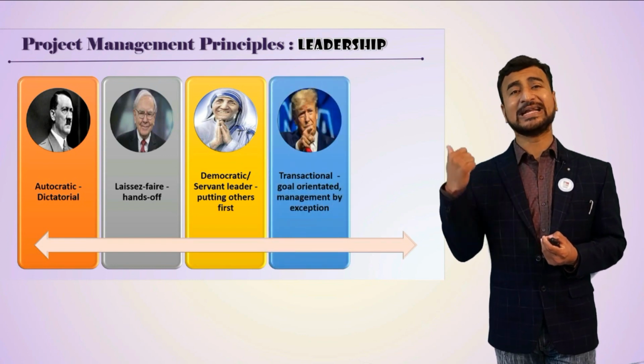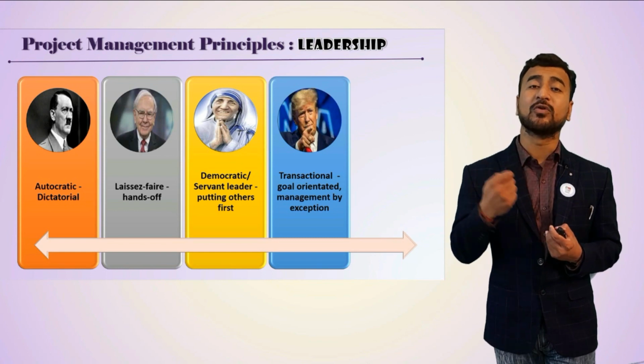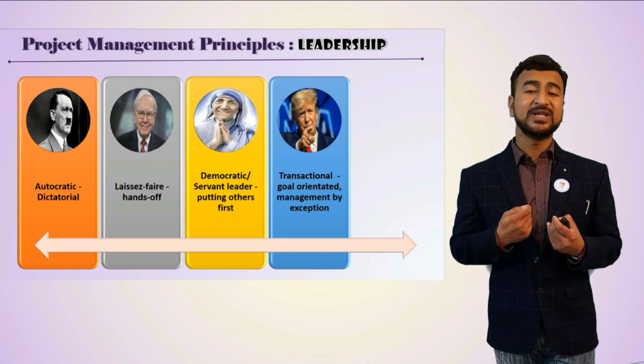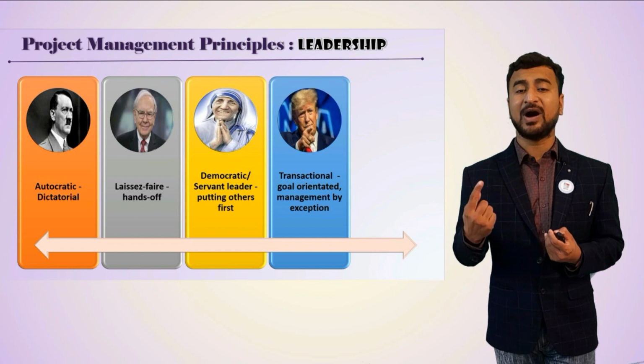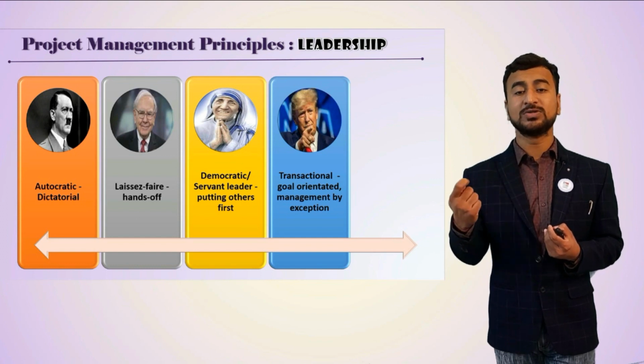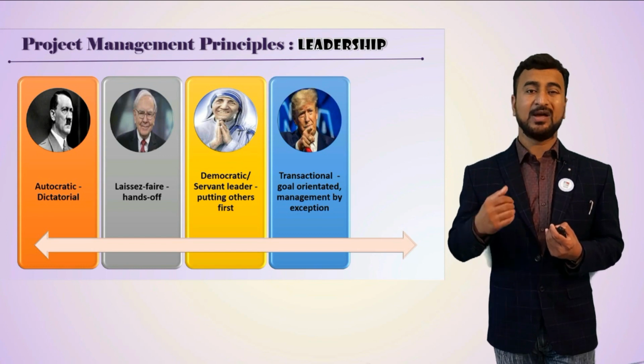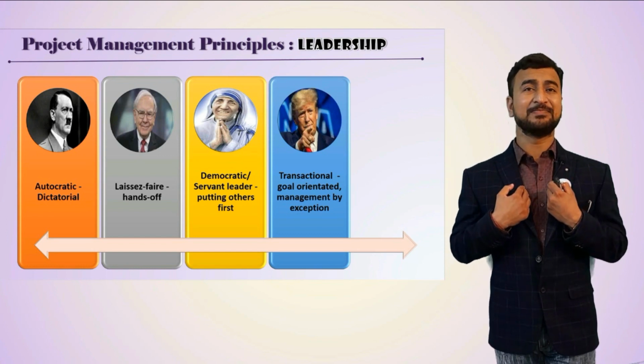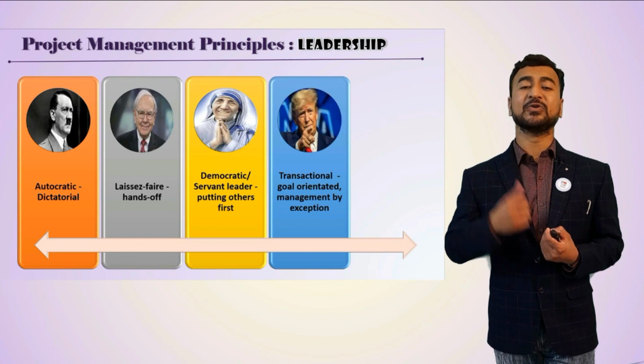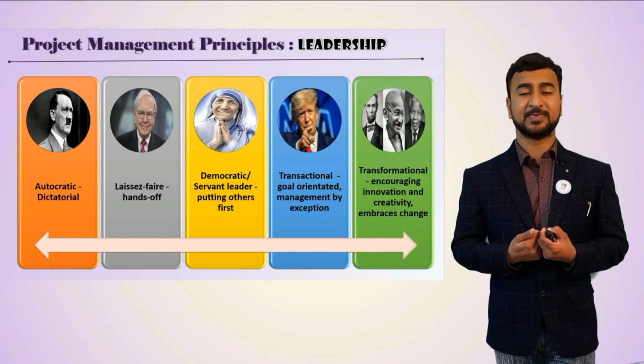The fourth one is transactional leadership, which we call goal-oriented leadership, in which a leader either rewards the team for achieving the goals or threatens the team if they are not able to perform. A good example, what I personally believe, is that Donald Trump would be a good example of transactional leadership.